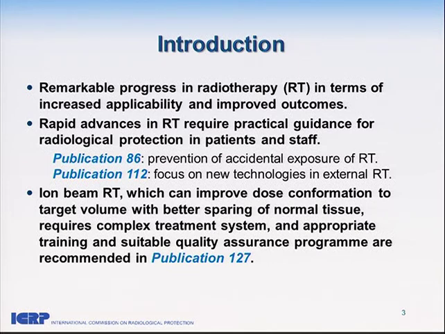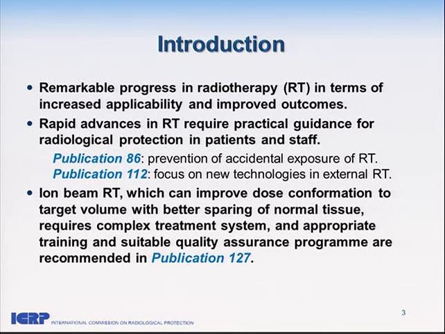But ion beam radiotherapy can improve the dose conformation to the target volume with better sparing of normal tissues. So we have a better dose distribution to the tumor and less radiation to the normal tissues. But it requires a very complex treatment system, and therefore we need appropriate training and a suitable quality assurance program.